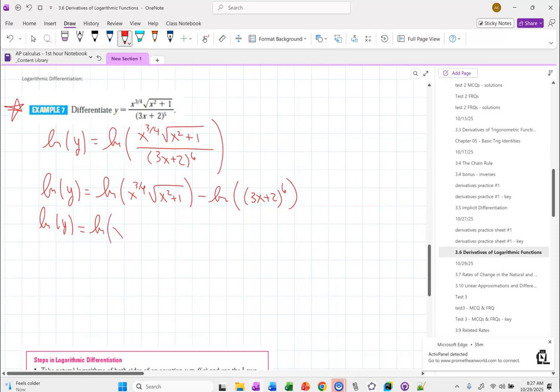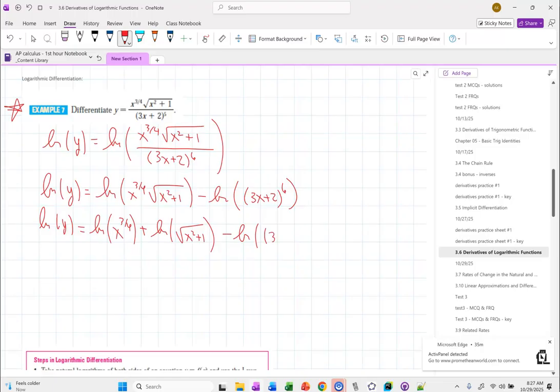So I can rewrite that as natural log x to the 3/4 plus natural log of square root x plus 1. And then I still have this last guy, no product property going on there that I want to tackle. I mean, yes, technically to the 6th, you've got 6 of those multiplied together, but no thank you. I'm just going to handle the power property on the next step.